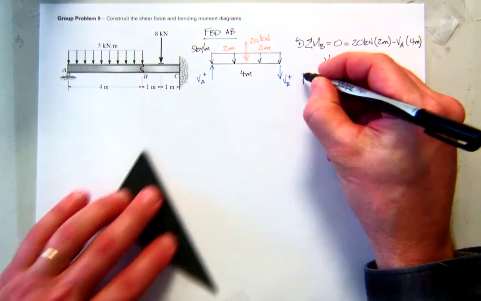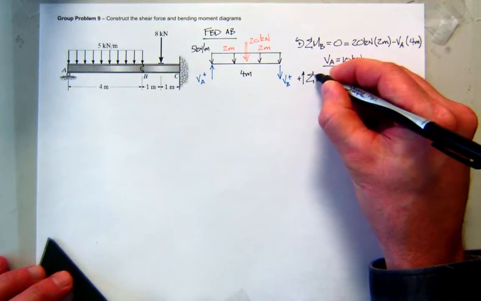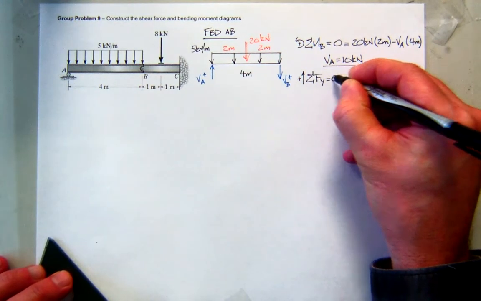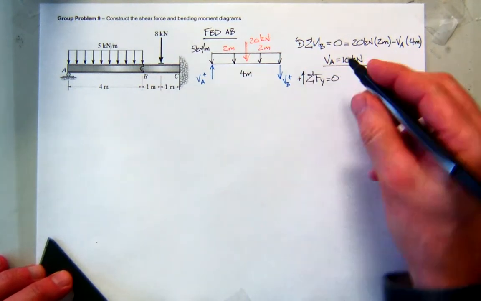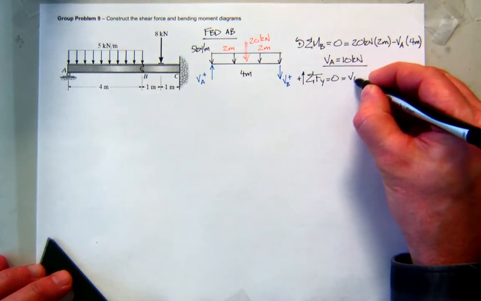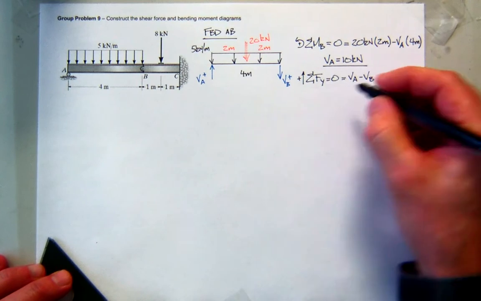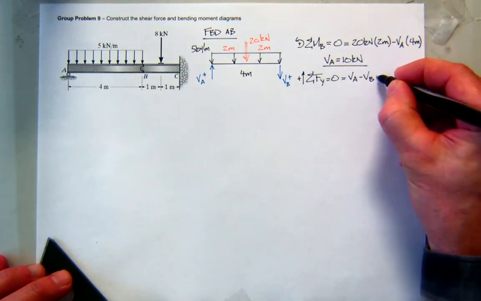And then to finish this off, I can find the shear at B by summing my forces in the y direction, vertical. Make sure they're in equilibrium. I'll assume up is positive. So this shear at A is up. The shear at B is down. The force from the applied load is down.